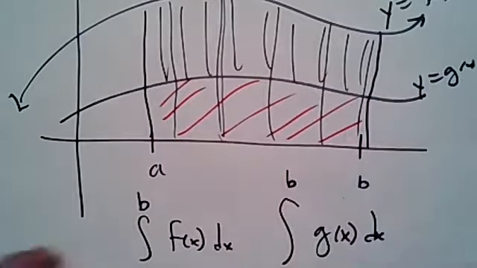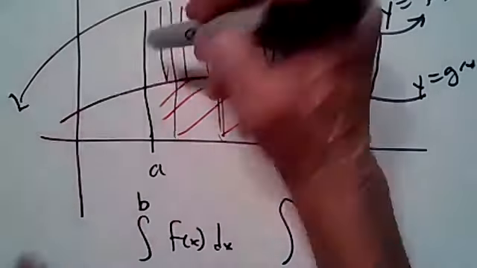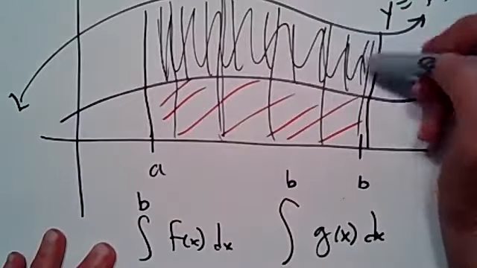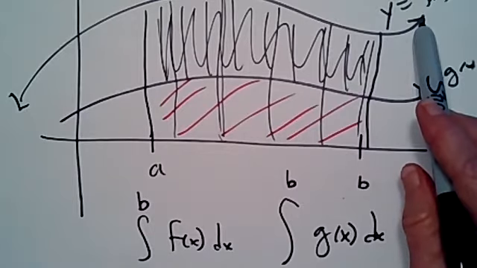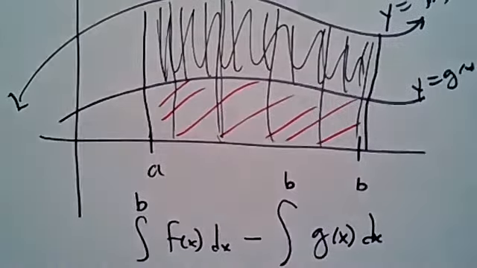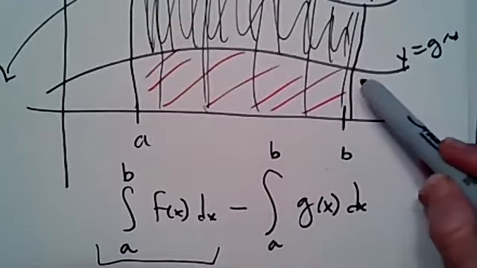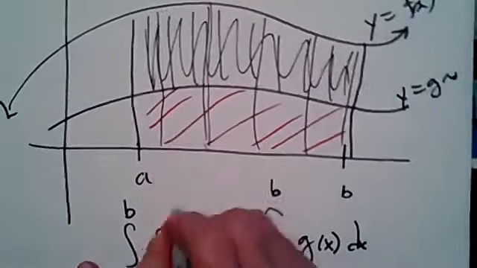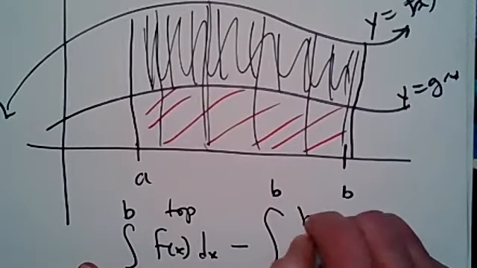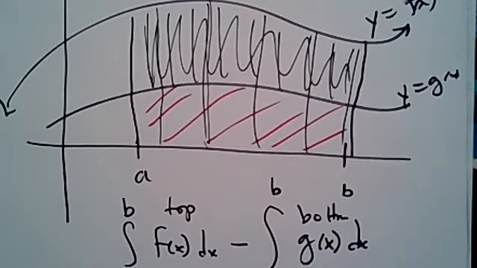So it makes sense to find this area between the two curves: we find the integral from a to b of f of x, and then subtract the integral of g of x, because integrating g of x gives us this area. We're just going to subtract it off. The top curve minus the bottom curve gives us that area. And we can write that like we did before. That helps it make sense.